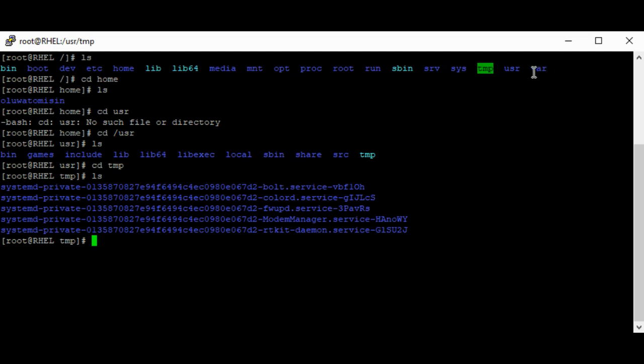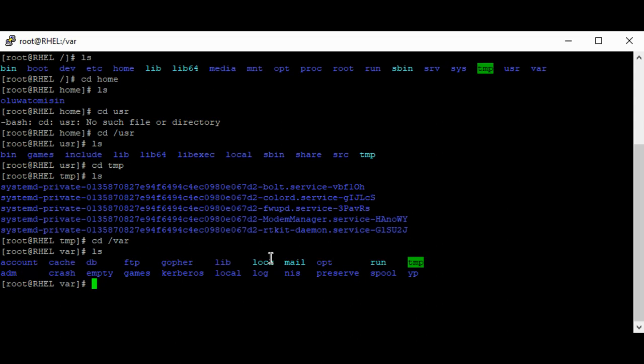So which takes us to the var directory. Yes, so the var directory is a variable directory and it stores variable data, that is files and directories that the system writes to during operations and that grow in size. And that's why this is where you see your logs, files that can grow in size.